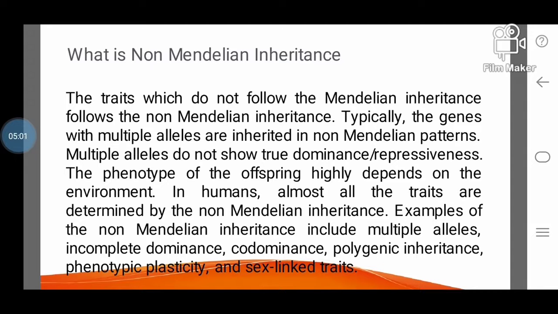Examples of non-Mendelian inheritance include multiple alleles, incomplete dominance, codominance, polygenic inheritance, phenotypic plasticity, and sex-linked traits.